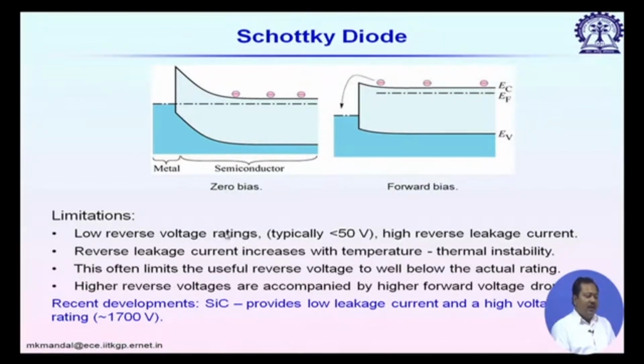Due to this thin depletion, we have one more problem. The problem is that the electric field due to the applied voltage mainly appears across the depletion region, and that is why it is associated with a very low reverse voltage rating, typically less than 50 volt, and also it has high reverse leakage current.